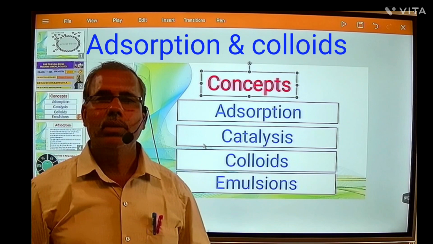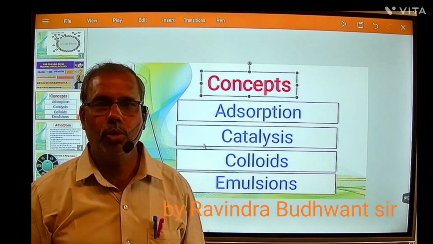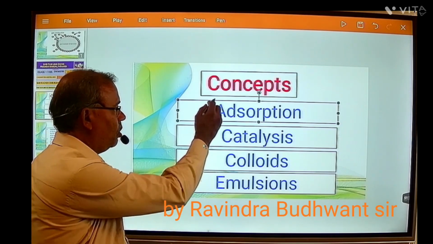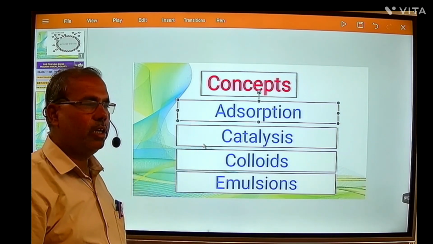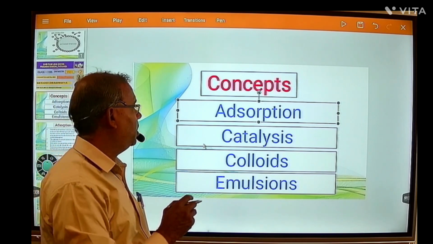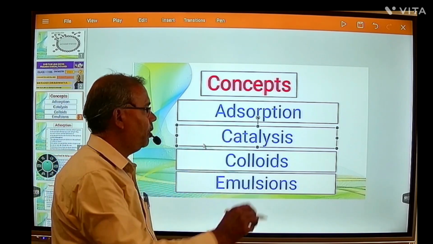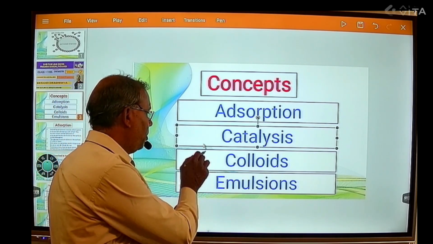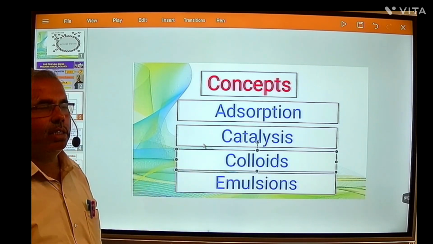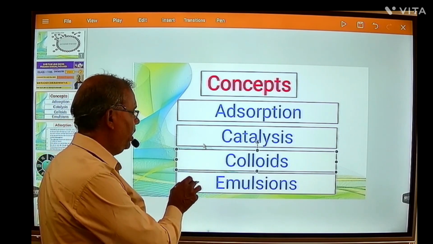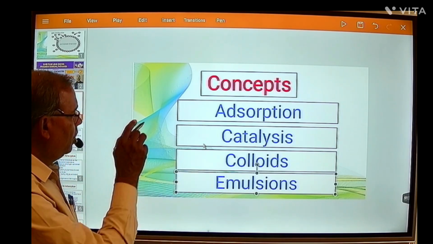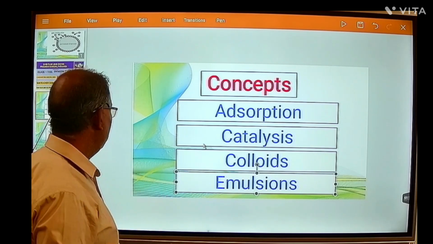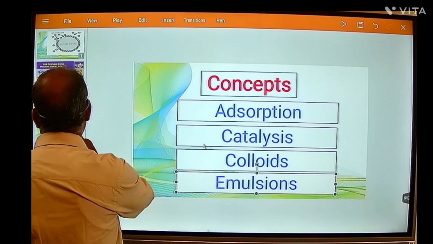The topics or concepts which we are going to study in this chapter are: first of all, adsorption, in detail. Then the second topic will be catalysis. Then the third topic will be colloids, and at the last of this chapter we shall study emulsions. These are the main topics in this chapter.